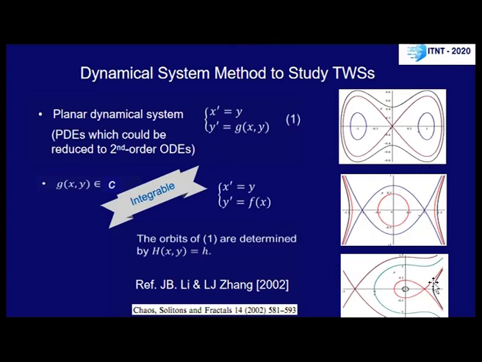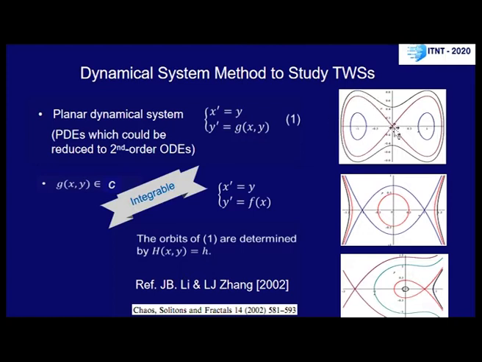From this phase portrait, we can see clearly the bounded traveling wave solutions of the CP equation. For the first case, we know there are three families of periodic orbits. So the CP equation for this case will have three families of periodic traveling wave solutions. For this homoclinic orbit, it corresponds to a solitary wave of peak form.